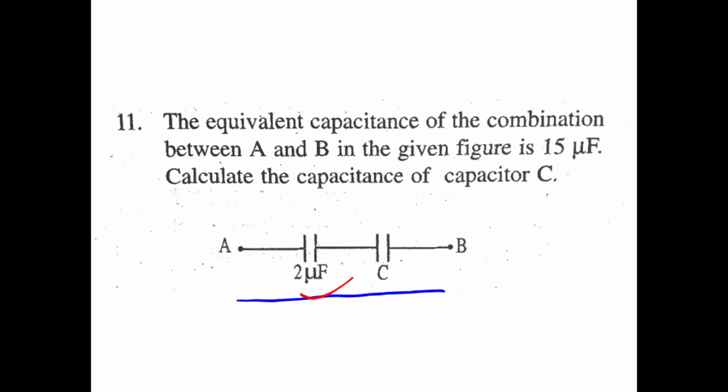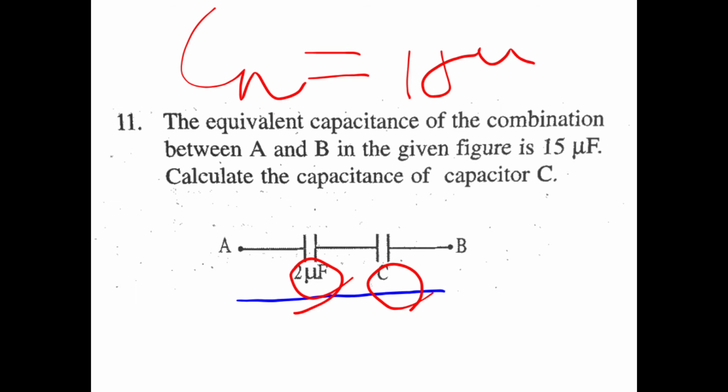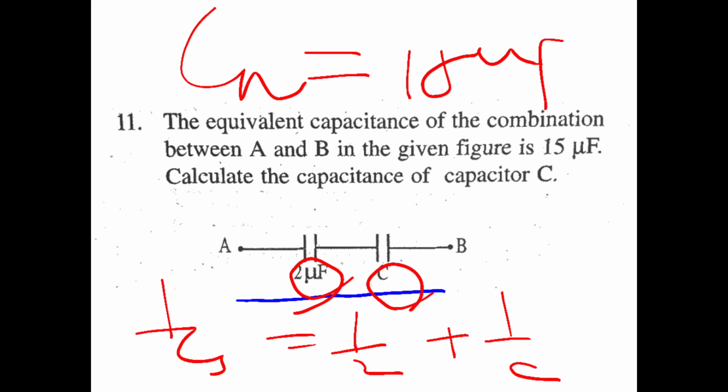One is 2 microfarad, one is C. If the effective capacitance, that means C net, Cs is equal to 15 microfarad. So putting the formula, we get 1 by Cs is equal to 1 by 2 microfarad plus 1 by C.